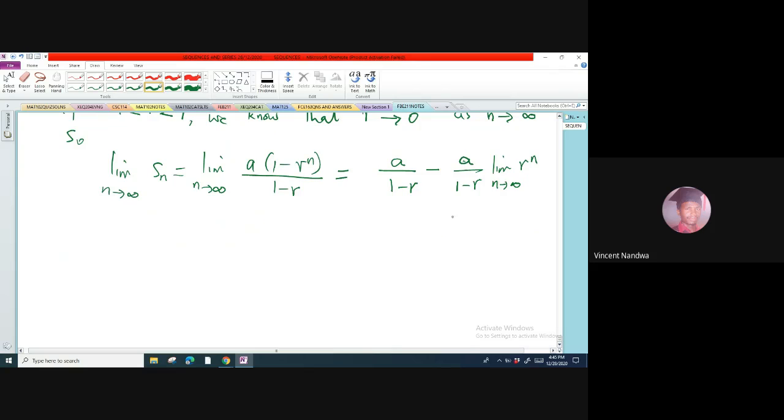This part here will be 0 because this limit gives us 0. So therefore, the limit as n approaches infinity of Sn, which is S, is given by a over 1 minus r.